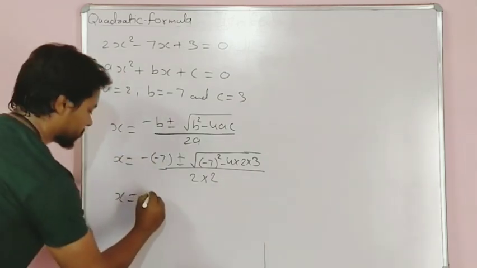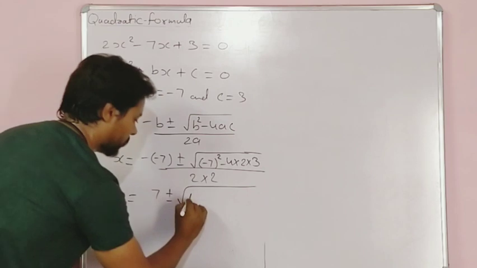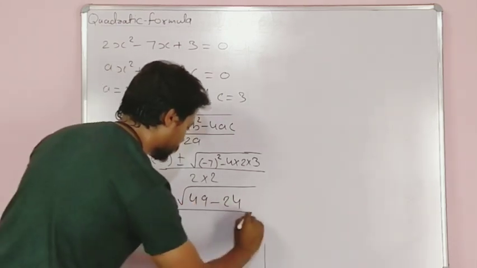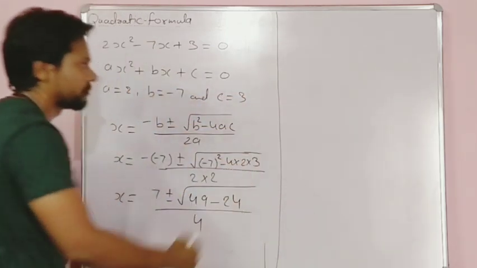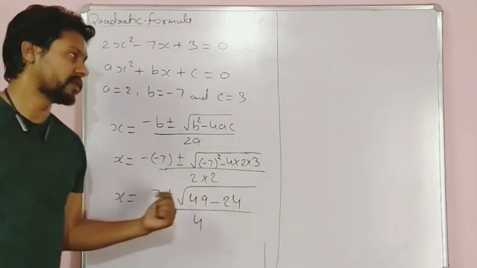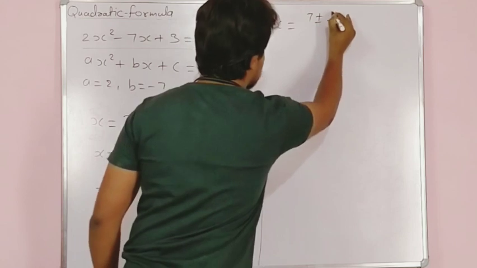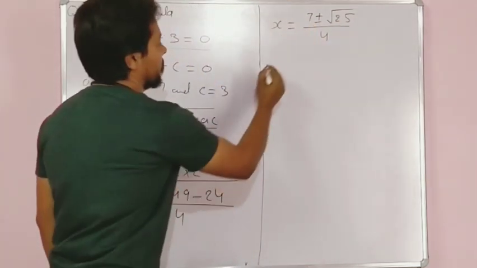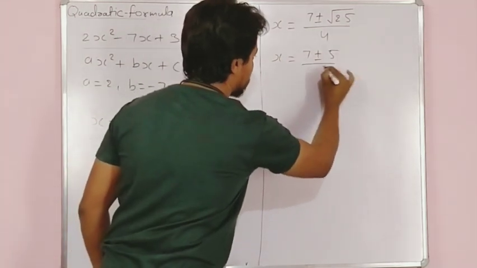Minus minus plus, it's 7 ± √(49 - 24) over 4. So x = 7 ± √(49 - 24), and 49 minus 24 is 25. x = 7 ± √25 over 4. x = (7 ± 5)/4.